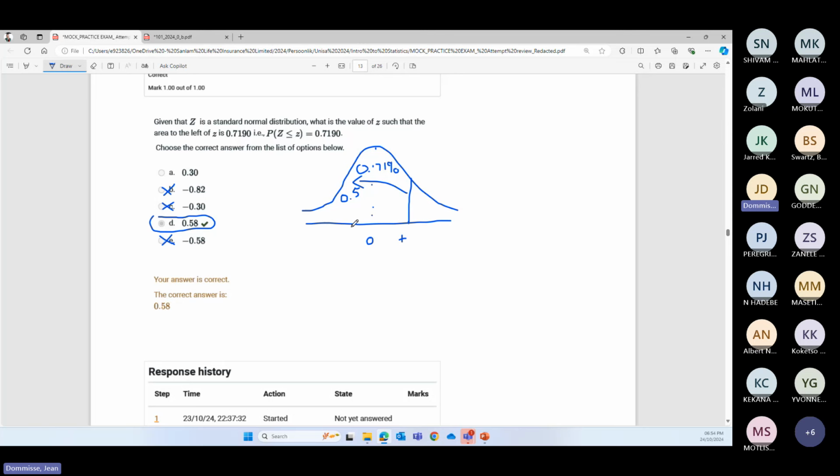Okay, so if it was that we looked at the right of it, and the right of it was 0.719, then it would have been the negative 0.58. Okay, so that is just nearly the difference. If we looked at the same size and we looked to the right of it, then it would have fallen like this, and then we would have had the negative answer.